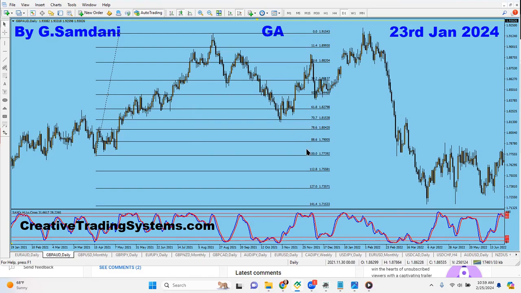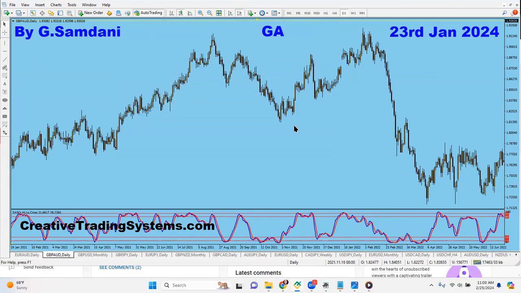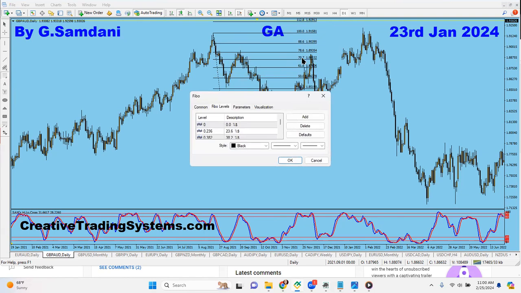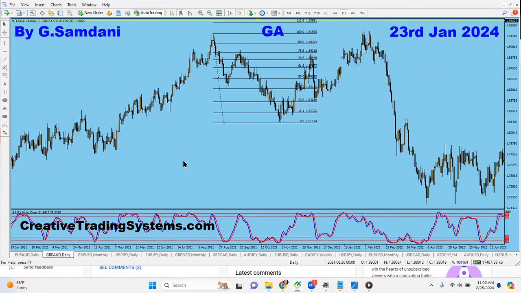So we are in between there, and then you start to see a reversal or a retracement of this move, right? So we will see now if we can draw that fib from top to bottom to see how much retracement of this move is going to be. And then you notice that it went exactly touching 70.7 between 61 and 78.